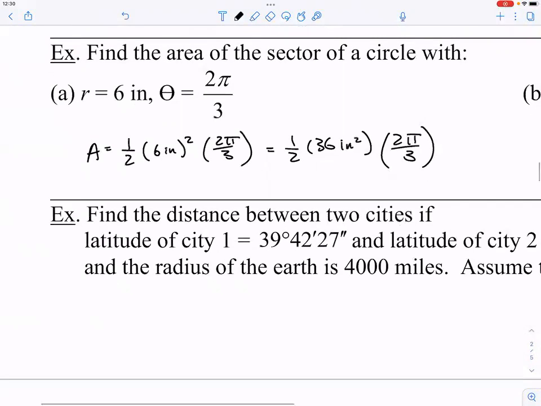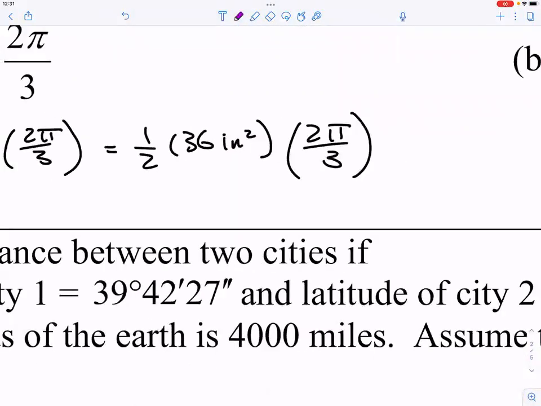Now remember this, you always simplify or reduce before you multiply. Do not multiply 36 and 2 and then divide it by 6. That's just a lot of work. That's not smart. The smart thing to do is to reduce it at the very early stage.